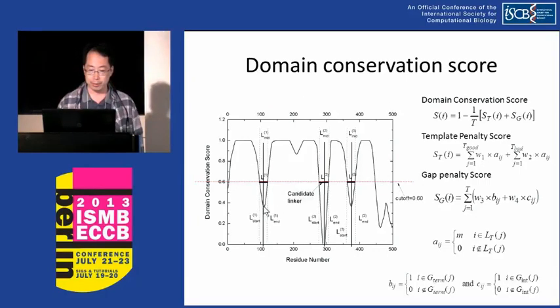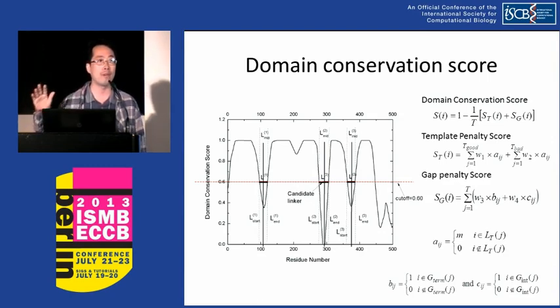For this region, the low score means these residues may not be conserved. Given a cutoff here, there are 1, 2, 3 putative linkers. In this research, the middle of the linkers is used to cut the sequence into several fragments.